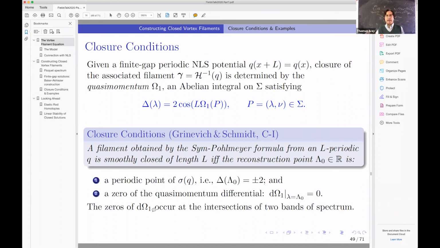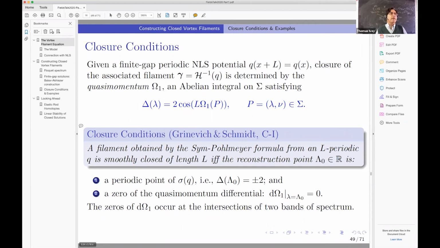So bottom line is, if you have a periodic NLS potential Q that's come from this algebraic construction, you then have to make sure that you plug into the SIM formula a lambda value along the real axis that is A, a periodic point, and B, also a corner of the spectrum.